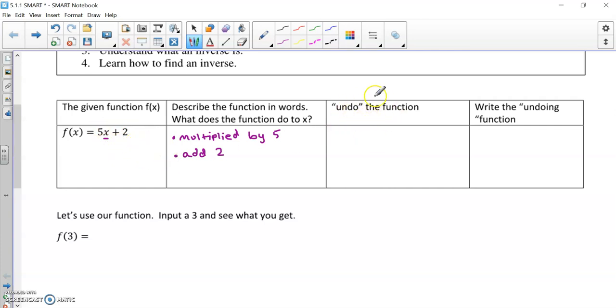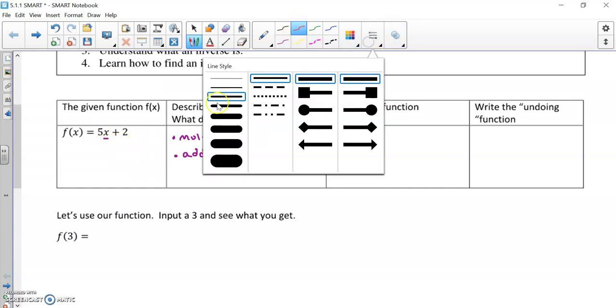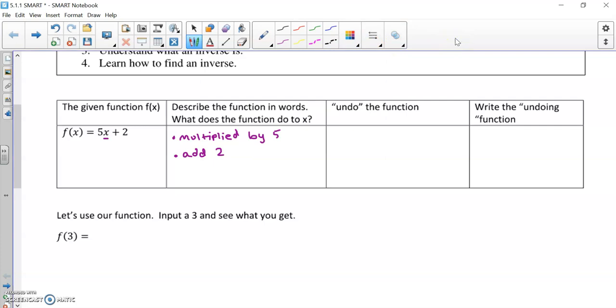So now if we try to undo the function, that means we're unraveling it, right? Whatever happened here, we need to do the opposite. And because we're undoing it, we have to start where we left off. When you're wrapping a present, at the very end, you put your piece of tape. So if I want to unwrap the present, I have to start by taking off that tape, right?